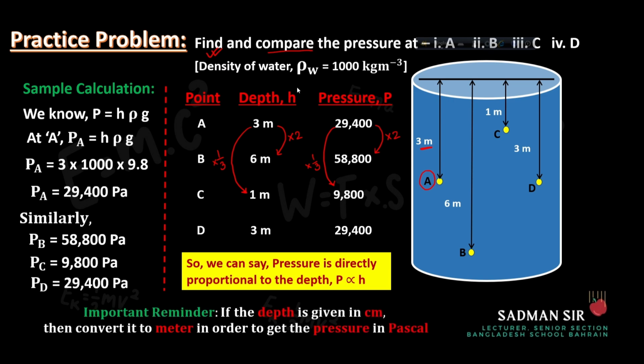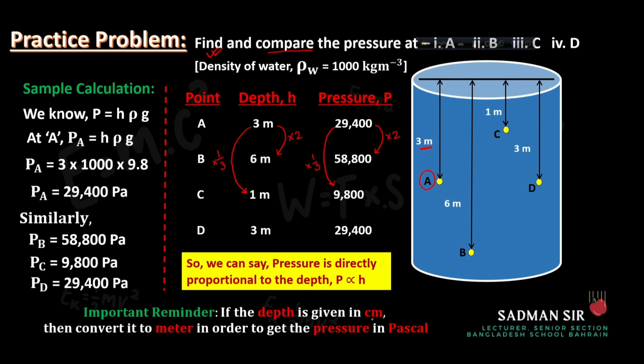The last point that I want to mention before ending today's session is that sometimes in the exam you will see that the depth might be given in centimeter. You need to convert it into meter in order to get the pressure in Pascal. They might ask you to find the pressure in unit of Pascal.